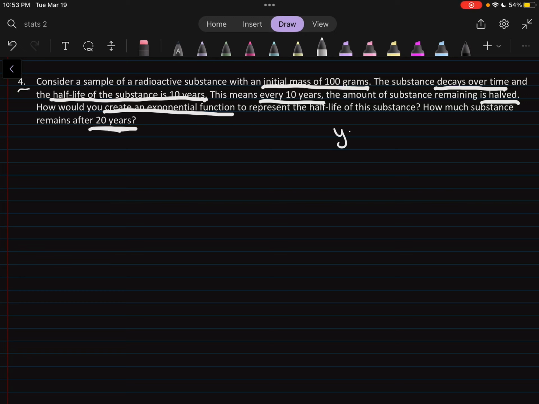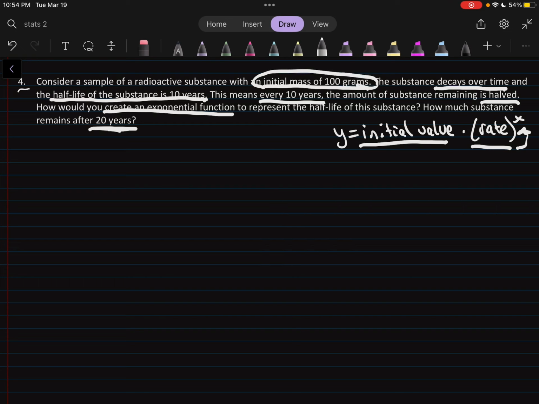So, just like the previous problems, it's always a good idea to write out our equation for exponential functions. Y equals initial value times rate to the x power. Next, we would read our problem here, and it's telling us it has an initial mass of 100 grams.